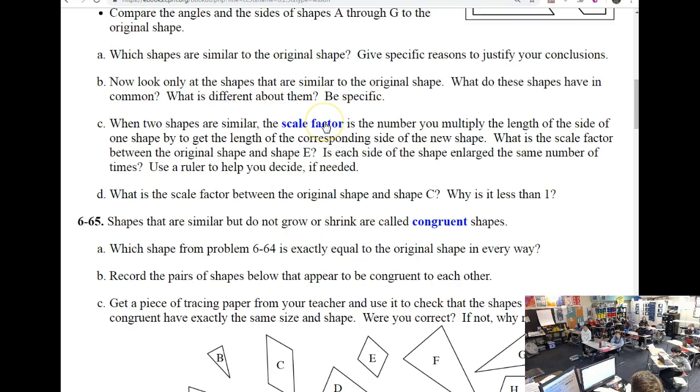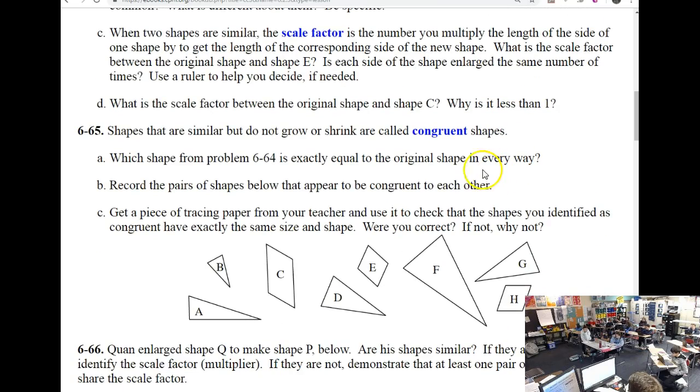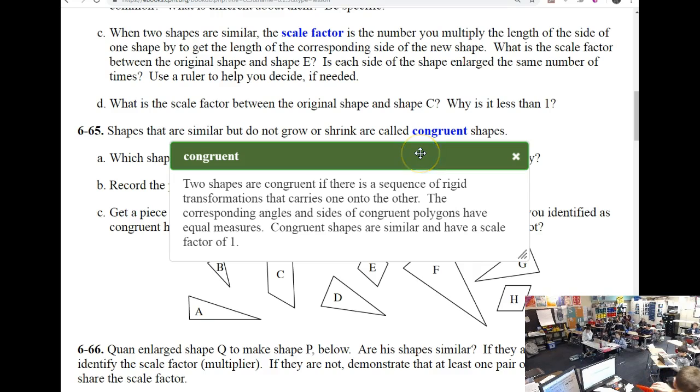We were going to talk about scale factor, which we've already talked about last week, and we will continue to talk about it. What does it mean when shapes are congruent? Not similar, but congruent. This is why we're going over this. Make a mental note, make a real note, whatever you need.